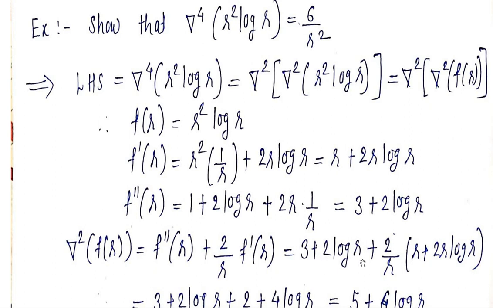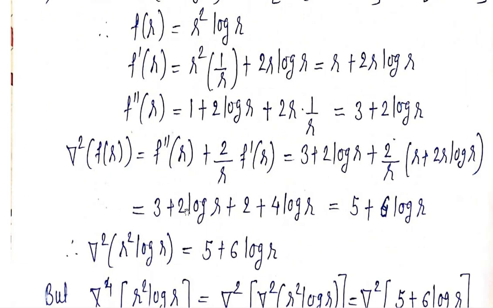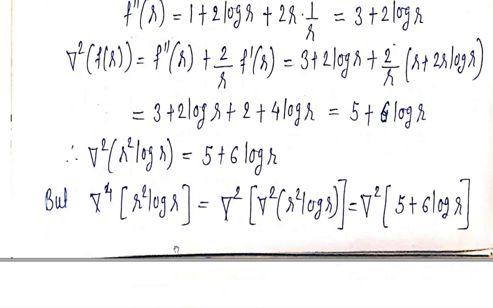F double dash of R is 3 plus 2 log R, plus 2 by R times f dash of R, which is R plus 2R log of R. So it is 3 plus 2 log of R, multiplying the whole bracket by 2 by R gives 2 plus 4 log of R. Now 3 plus 2 is 5, plus 6 log of R. So del square of R square log of R is 5 plus 6 log of R. But we want del to the power 4 of R square into log of R, and we got only del square of R square into log of R. So one more del square is remaining.